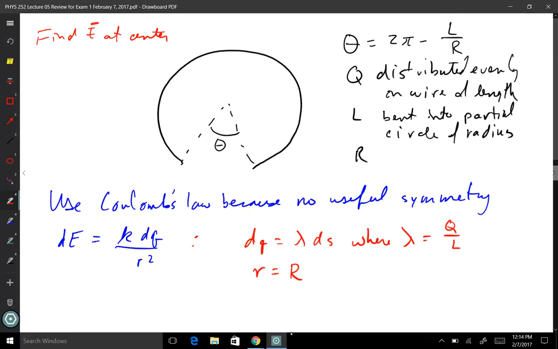So I have some little piece of wire out here of length ds, and we're going to have some d theta related to that ds.